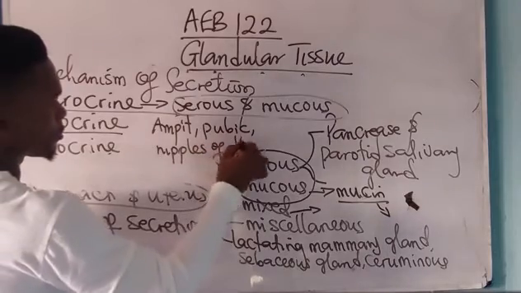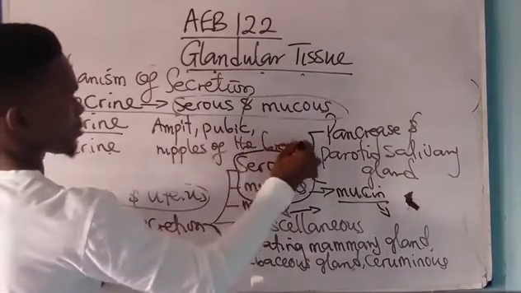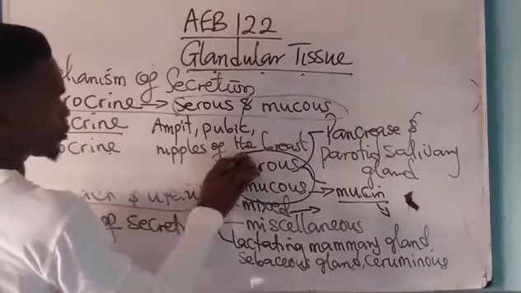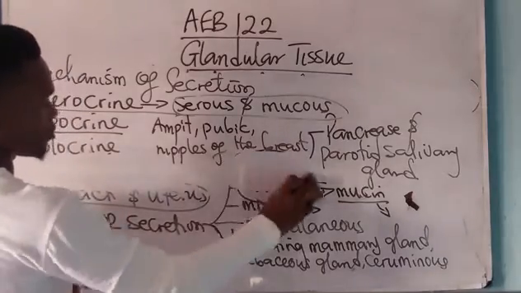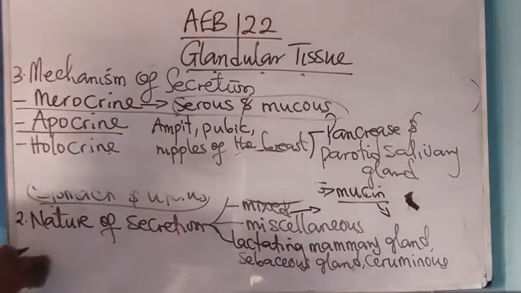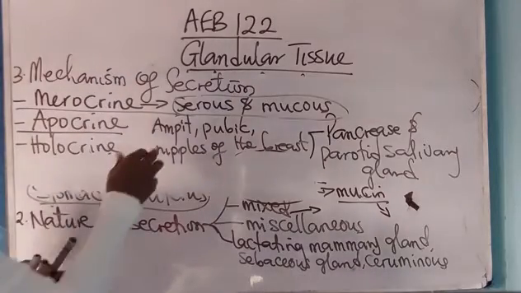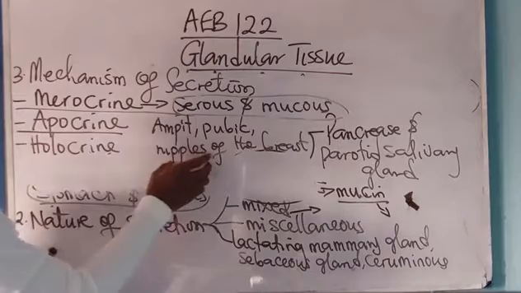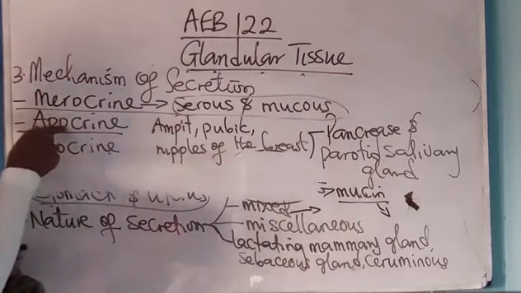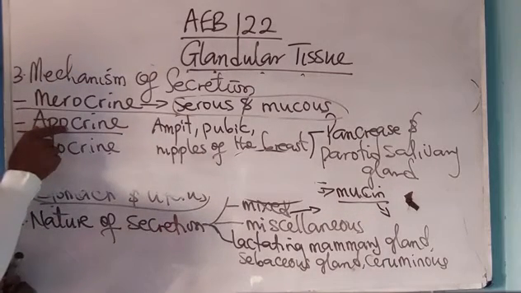Okay, I think armpits, pubic, and nipples of the breast. That is where you have the apocrine gland.